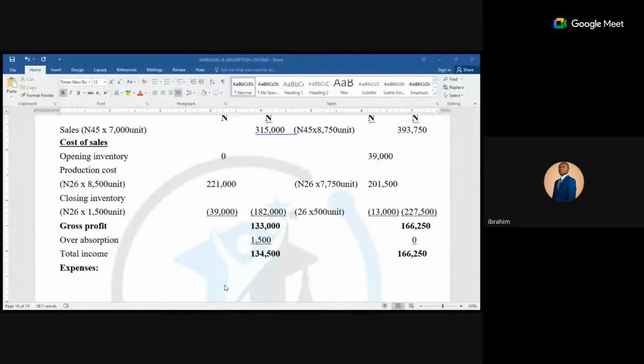So if you are bringing in the fixed overhead again, that is double counting, is that not so? You will understate your profits. Class, am I communicating? You don't need to bring fixed overhead again because you have used it to determine over absorption and under absorption.